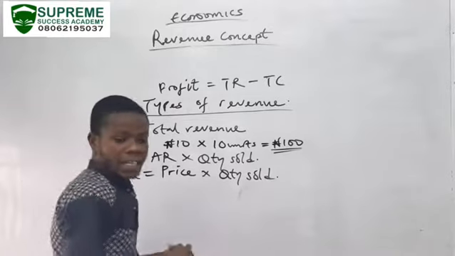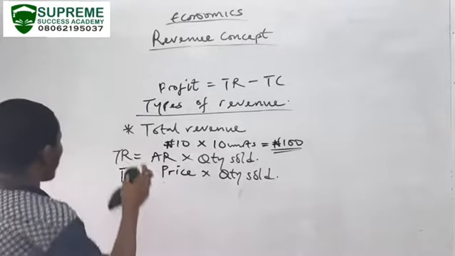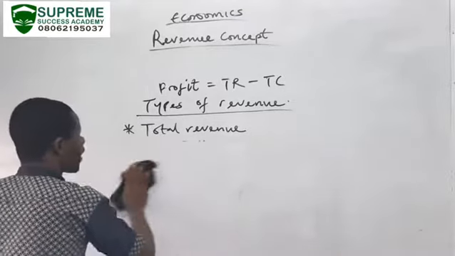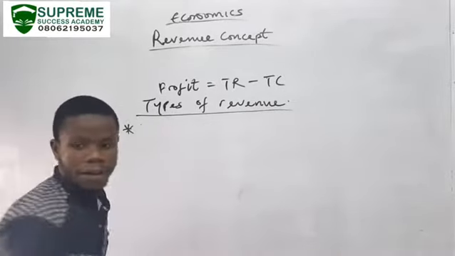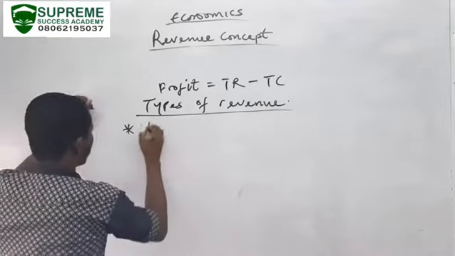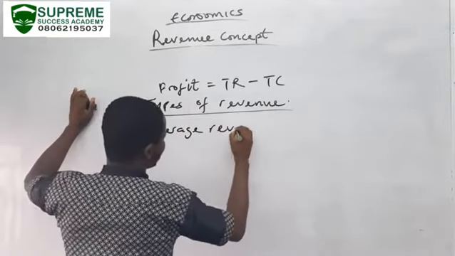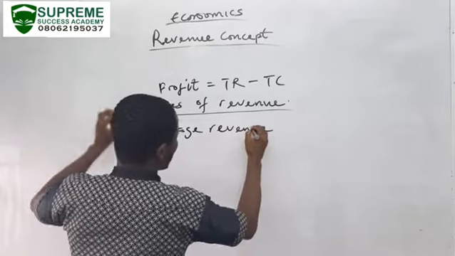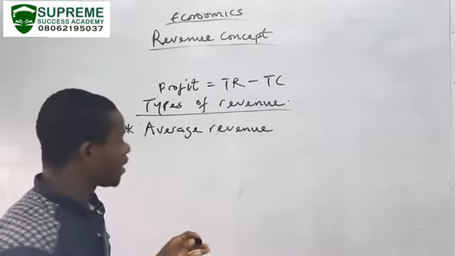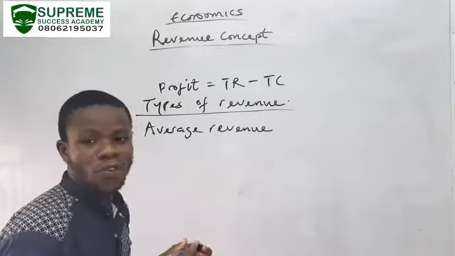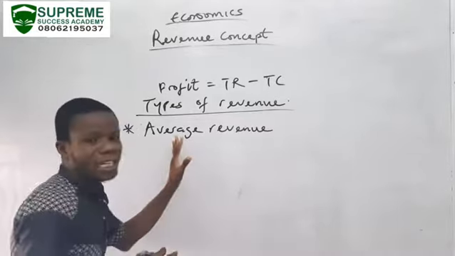So the second type of revenue I'm going to talk about is average revenue. Average revenue is the revenue per unit of a commodity.